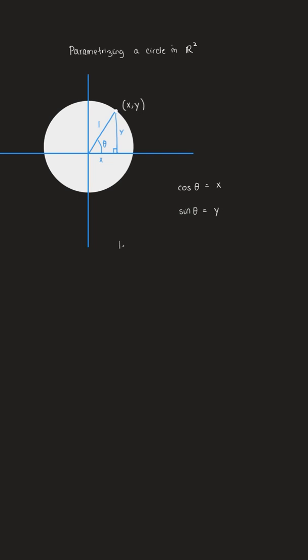Let's let theta equal t so that we can eventually think of t as time. Our two equations are going to be x equals cosine t, and y equals sine t. And we need a parametric interval for t.